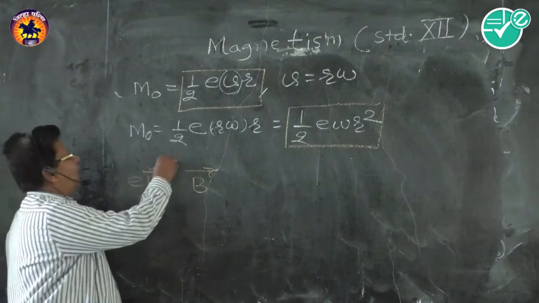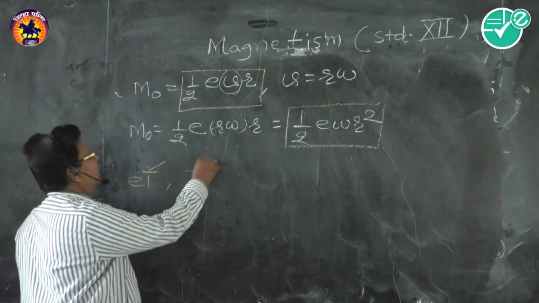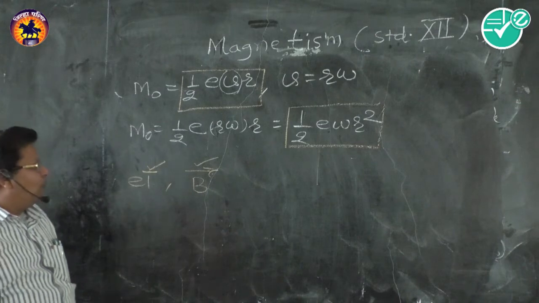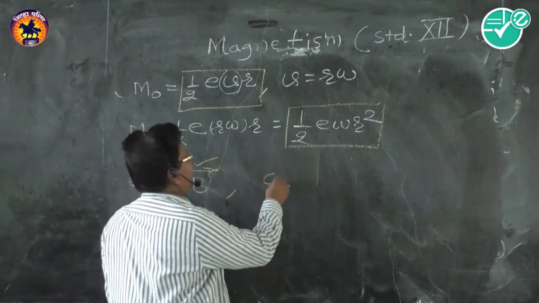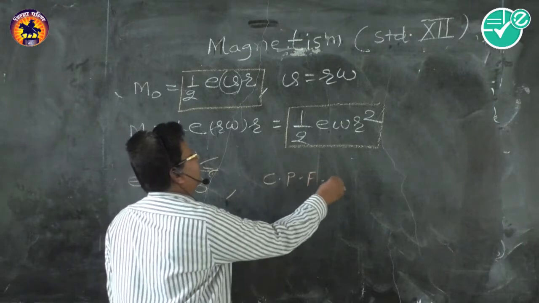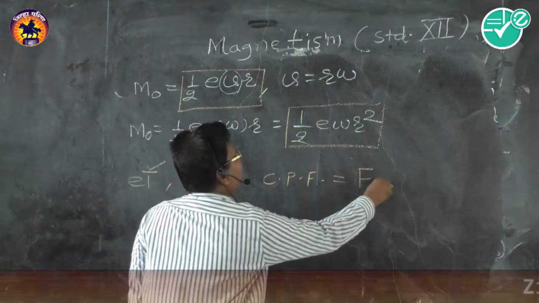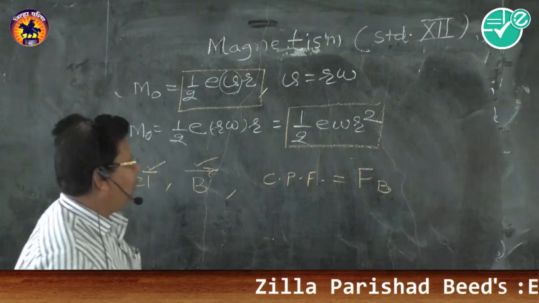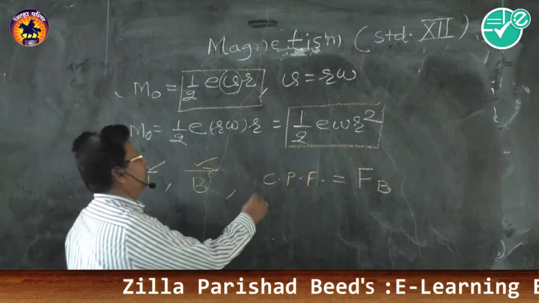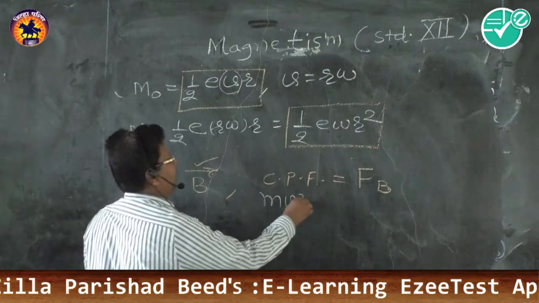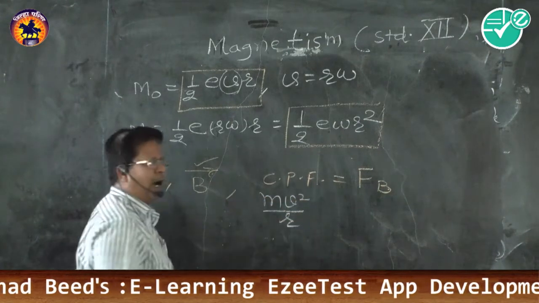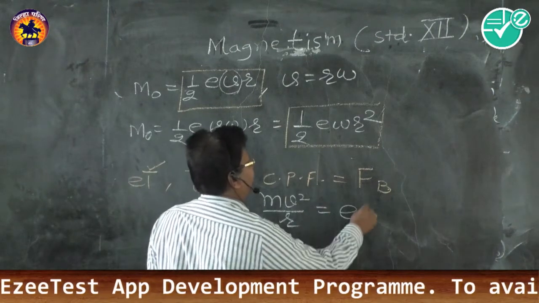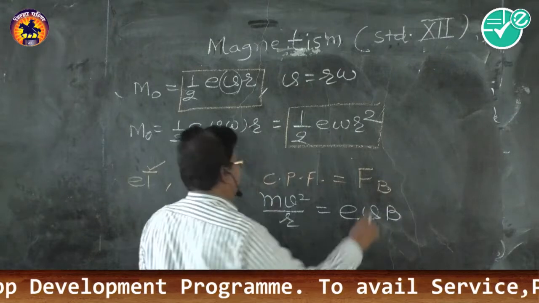And when electron is revolving in circular motion in perpendicular magnetic field, we know that the centripetal force is equal to force due to magnetic field.